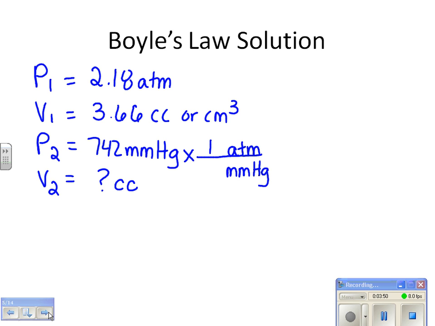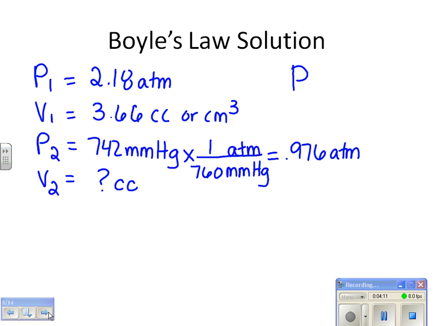Atmospheres is what we want, so it's in the numerator, and 1 atmosphere is the equivalent of 760 millimeters of mercury. Get millimeters of mercury to cancel, get your answer in atmospheres, you divide, and sure enough, you have a small atmospheric pressure of 0.976 atmospheres.